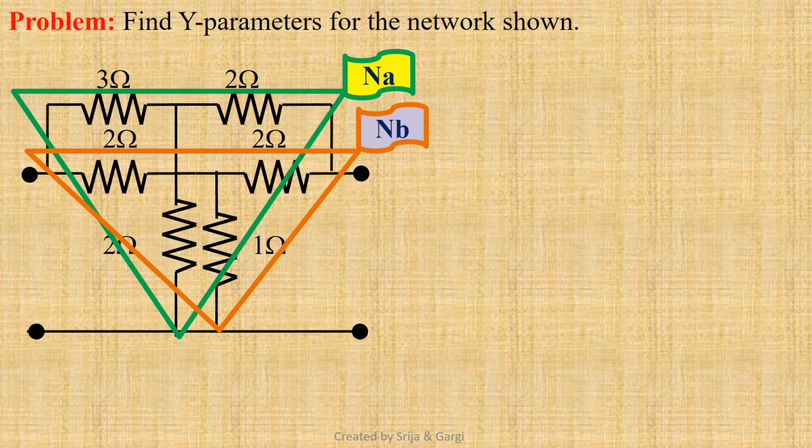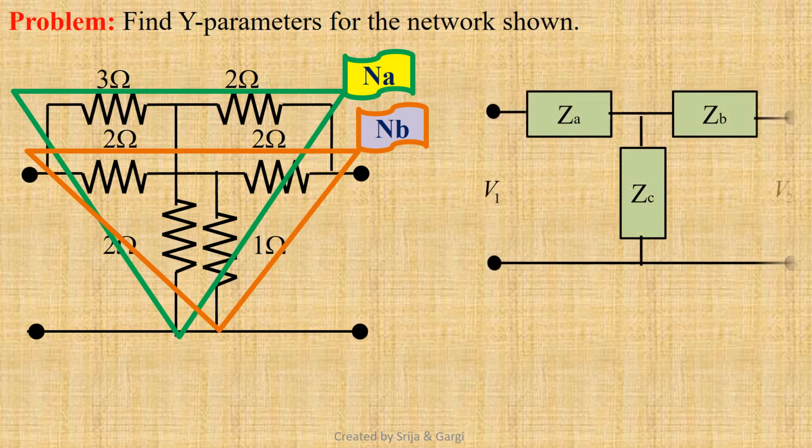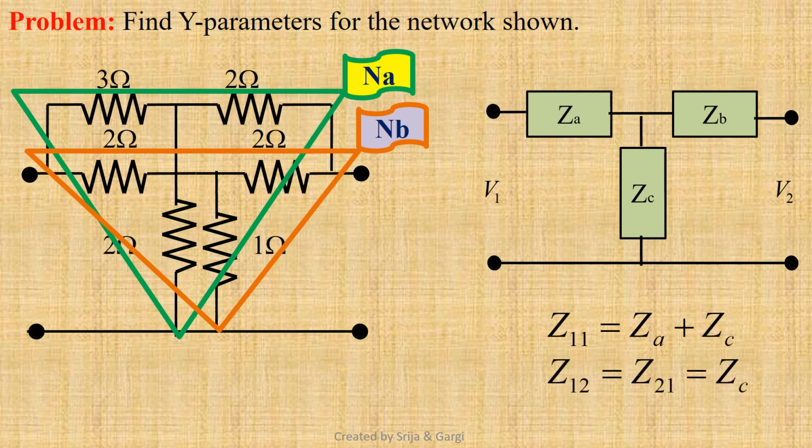We know for any T network comprising of ZA, ZB and ZC, we get Z11 equals ZA plus ZC, Z12 equals Z21 equals ZC, and Z22 equals ZB plus ZC.